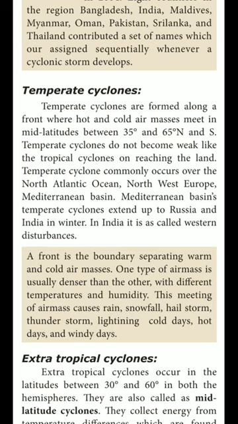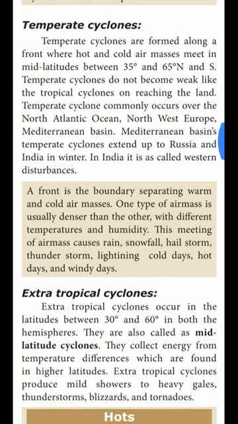When the warm and the cold air masses meet, this cyclone also occurs, and not only cyclones but also rain, snowfall, hailstorm, thunderstorm, lightning, cold days, hot days and windy days.